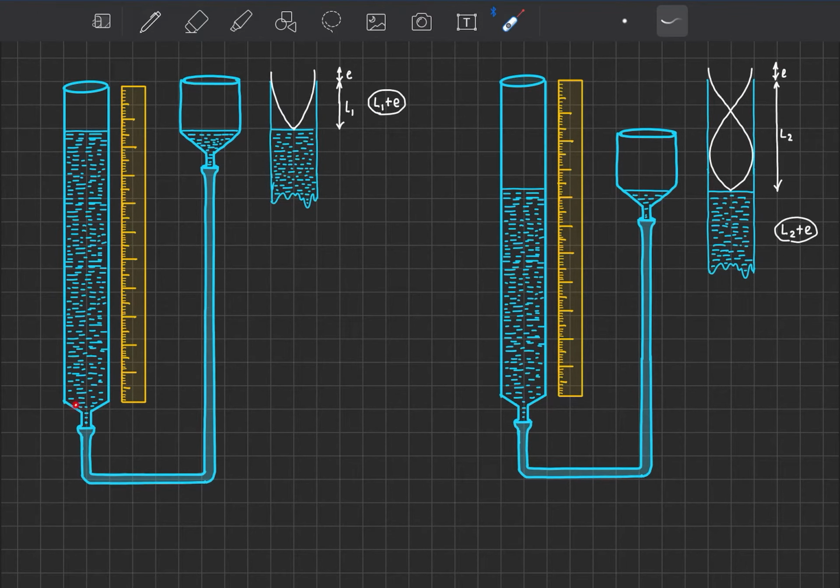If we move this reservoir vertically upward or downward, then we can change the level of liquid in the left column, because the water level on both sides will be the same, right? If we take it downward, the water level in the tube will change. So to change the water level, we move the reservoir upward or downward according to our need.